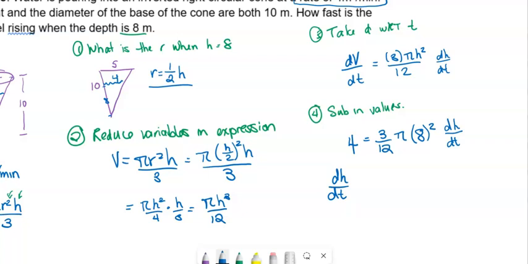Bring the 12 over, bring the 3 over, and bring the pi and the 8 squared over. I'm going to end up with 1 over 4 pi meters per minute. Depending on the context of the question, you may leave this as a pi value, or you might calculate it out specifically.